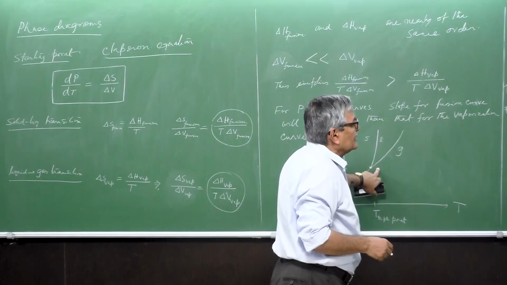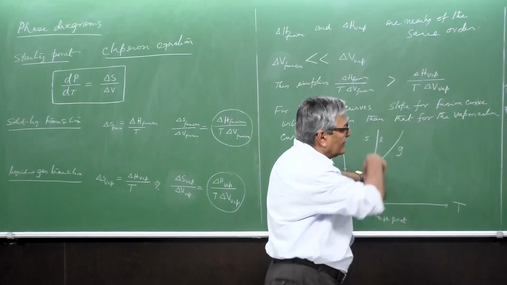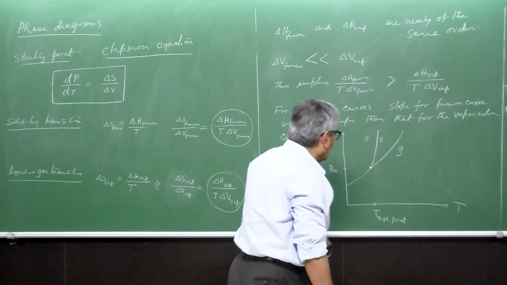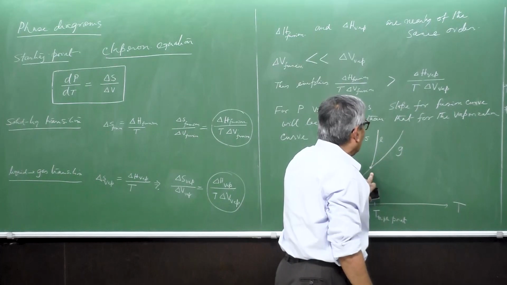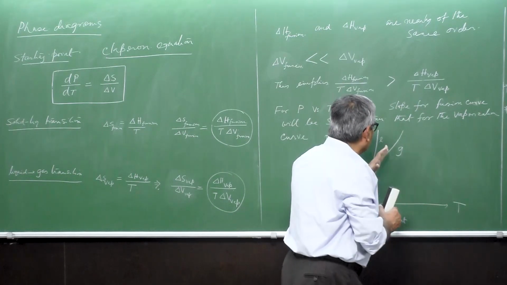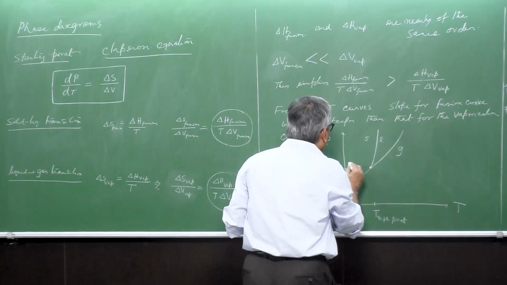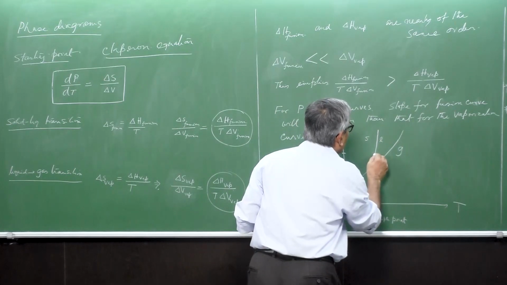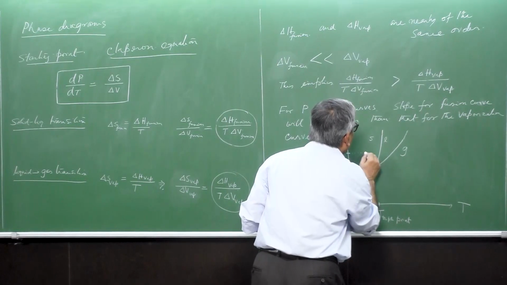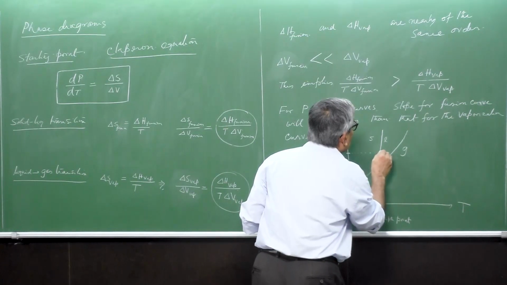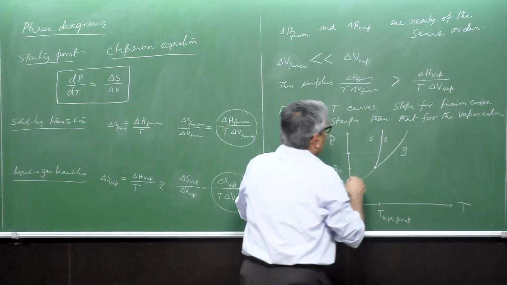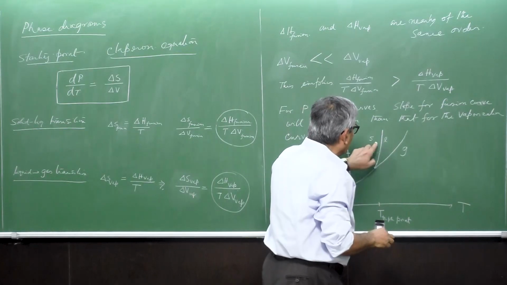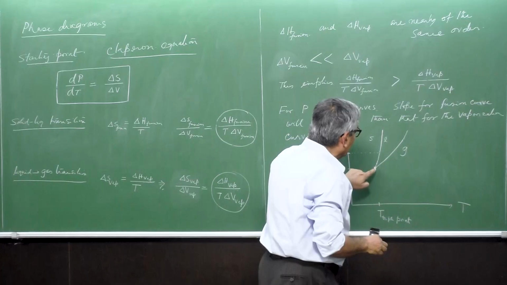So, this is the important thing, and this is the triple point. It means that for, say, 1 atmospheric pressure, this is the solid-liquid line.